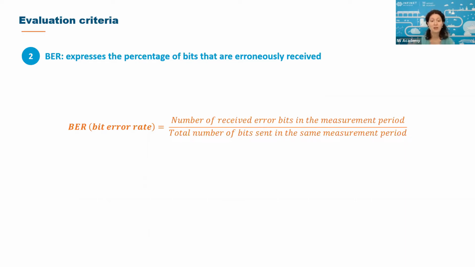The interference mitigation techniques will usually measure either the SINR or the bit error rate and will try to optimize them in order to ensure a high SINR value and a low bit error rate level. This corresponds to a good transmission channel quality. So the SINR and the bit error rate are correlated and express the quality of the transmission.